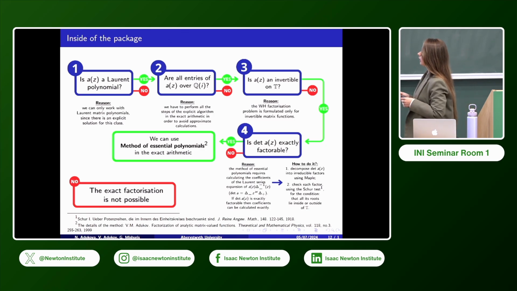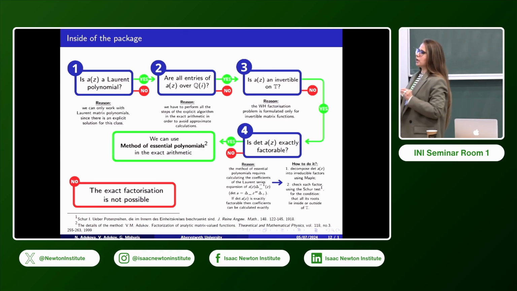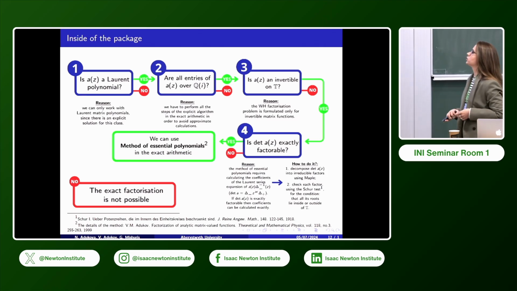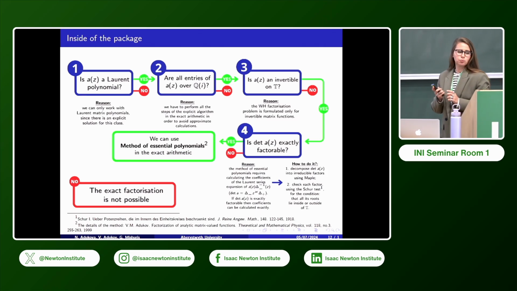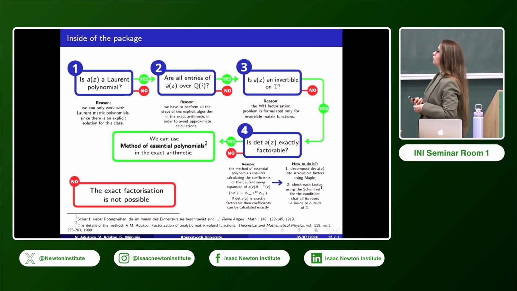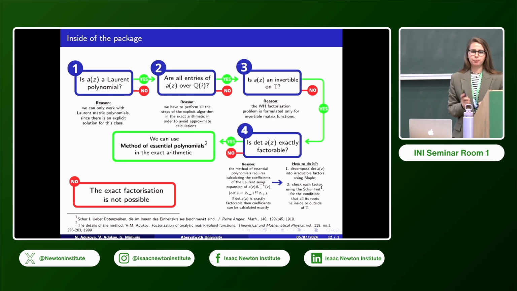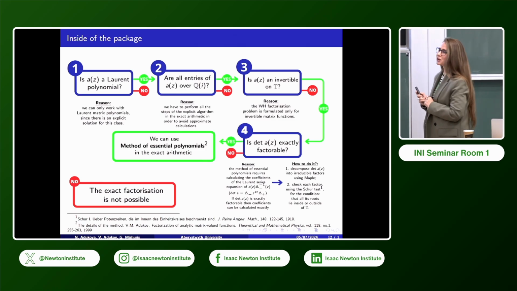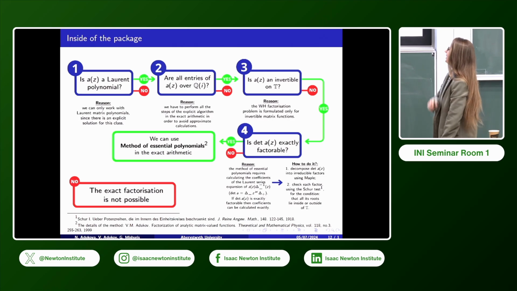But here, let's discuss a little bit which checks the package does and why they are important. Firstly, we have to check: is it a Laurent polynomial? Why do we need to do it? Because we can work only with them.